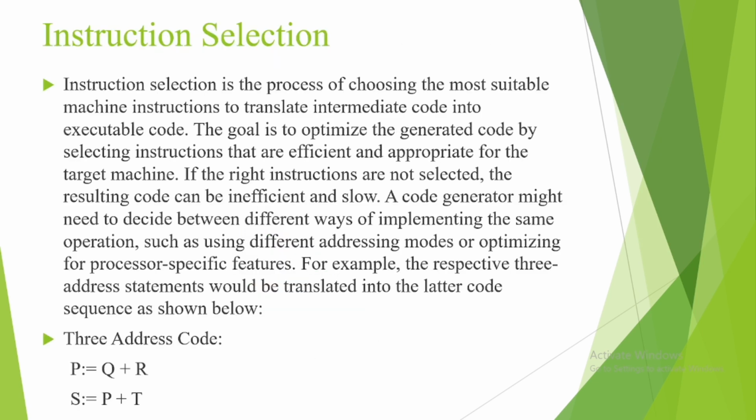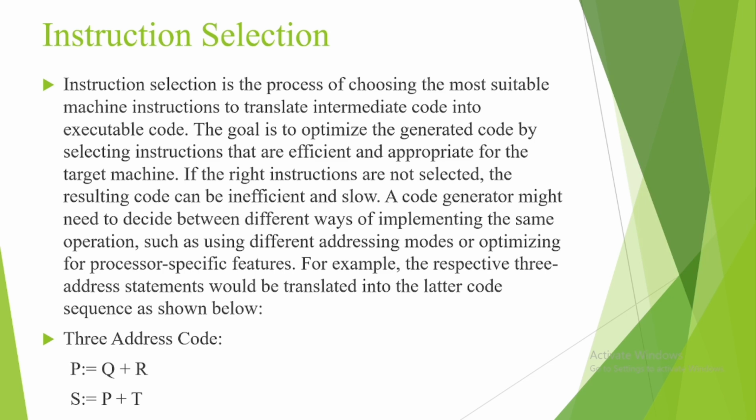Instruction selection. Instruction selection is the process of choosing the most suitable machine instructions to translate intermediate code into executable code. The goal is to optimize the generated code by selecting instructions that are efficient and appropriate for the target machine.